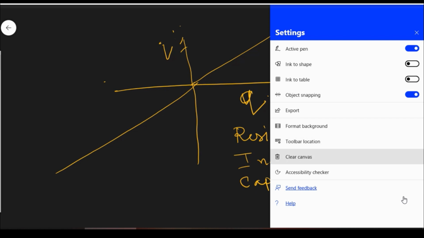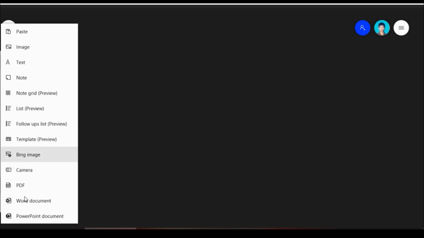Let me clear the canvas. Now let us take some example of a nonlinear equation or nonlinear system. So, I would like to share an image.